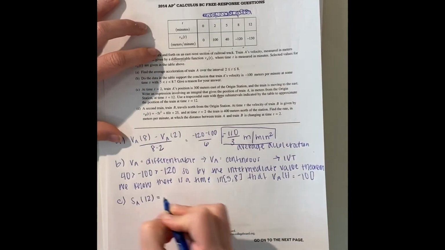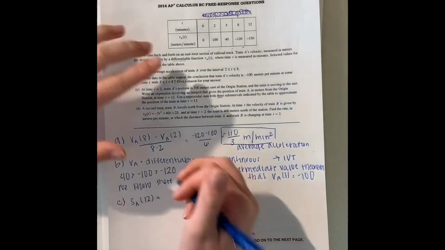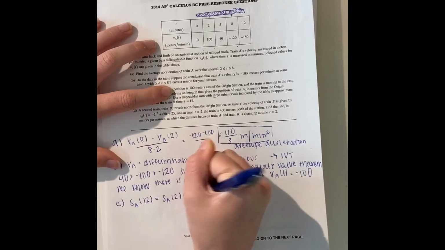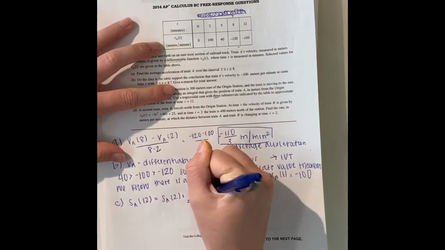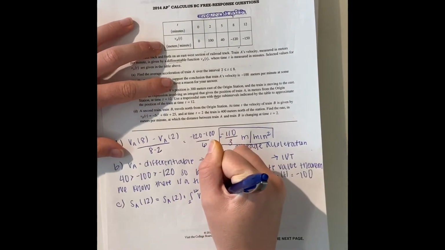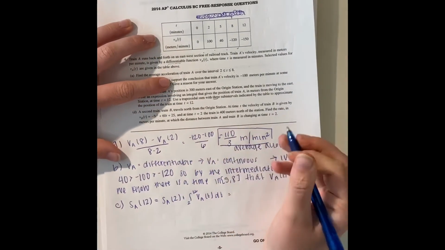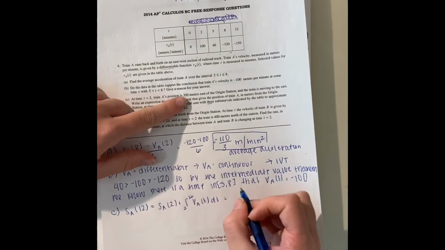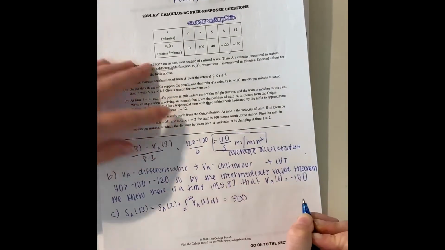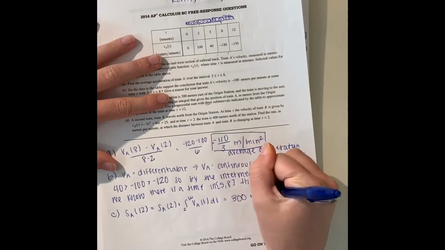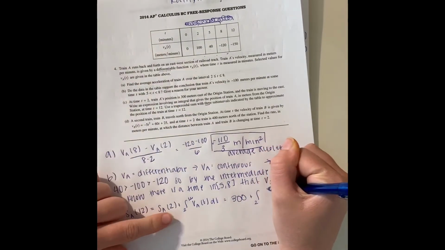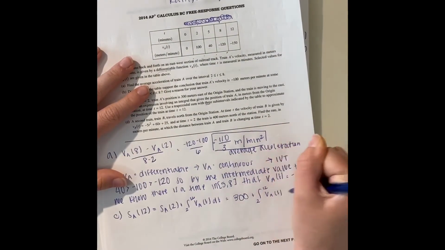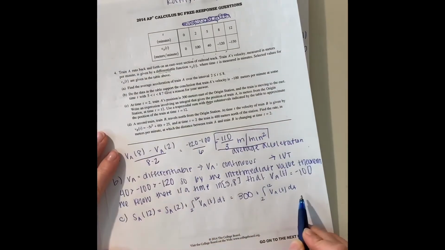In order to find that, we know the position SA of 2 plus the integral from 2 to 12 of VA of t dt. We know SA of 2 equals 300 because it's given to us, so that equals 300 plus the integral from 2 to 12 of VA of t dt. So that is our position expression.